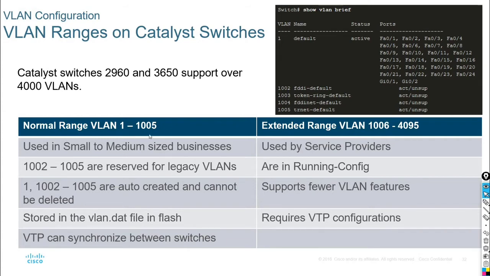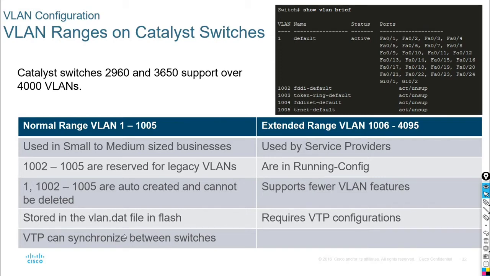The normal range 1 to 1005 is used in small to medium-sized businesses, and 1002 to 1005 are reserved for legacy VLANs. VLANs 1 and 1002 to 1005 are auto-created and cannot be deleted, and they are stored in the vlan.dat file in flash.